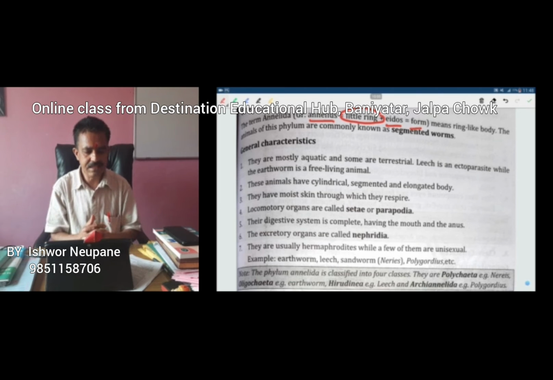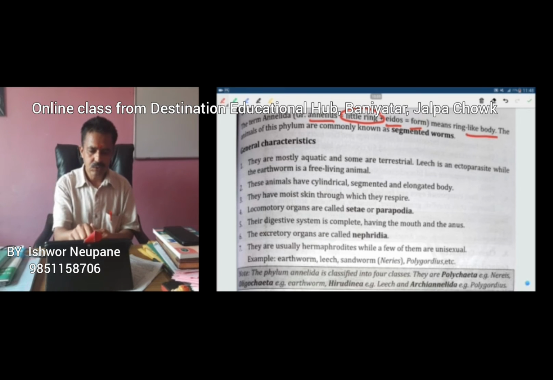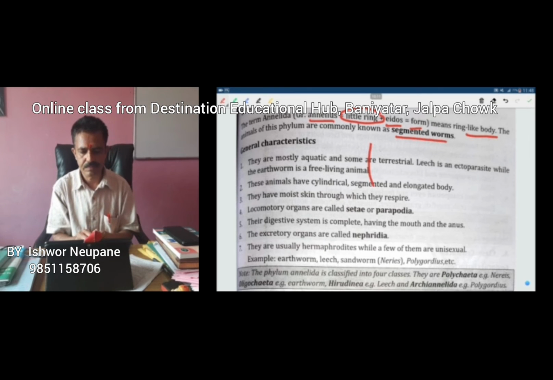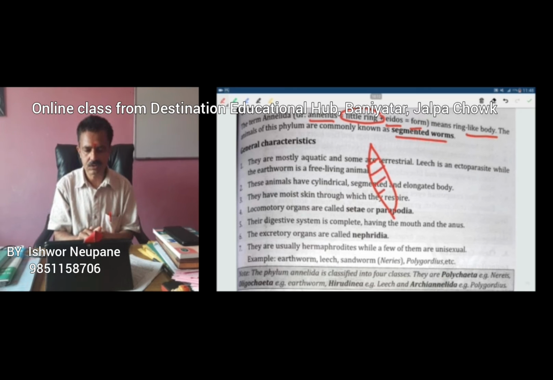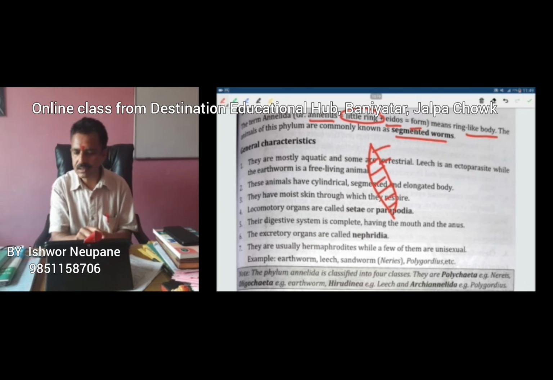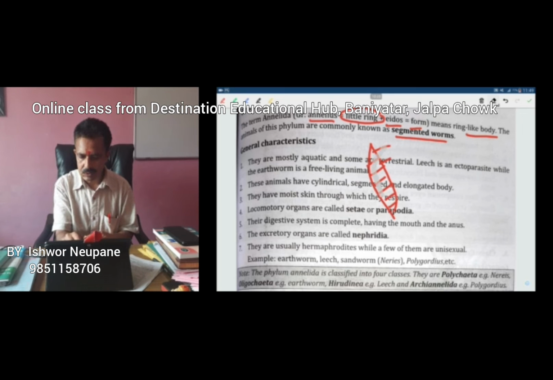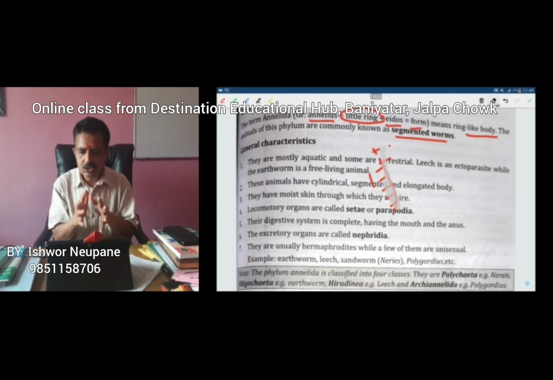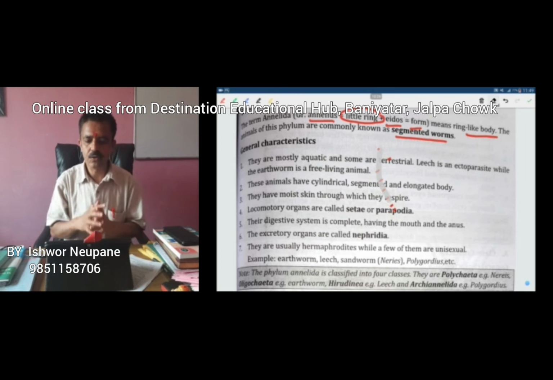Now students, what are we going to discuss? Phylum Annelida. So what is Annelida made up of? Greek words annelus and idios. Annelus means little ring, small ring is present in their body. Idios means form, little ring form.